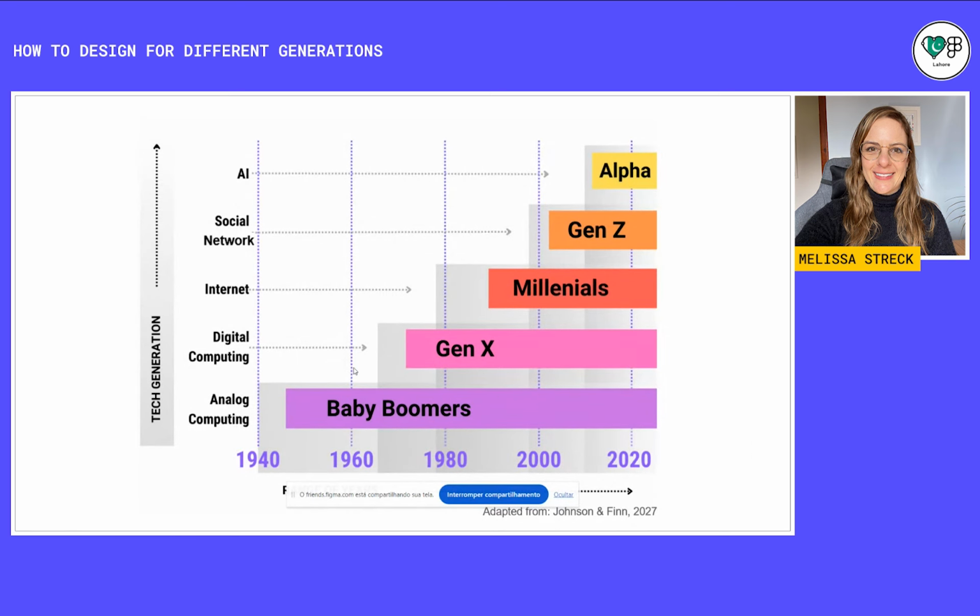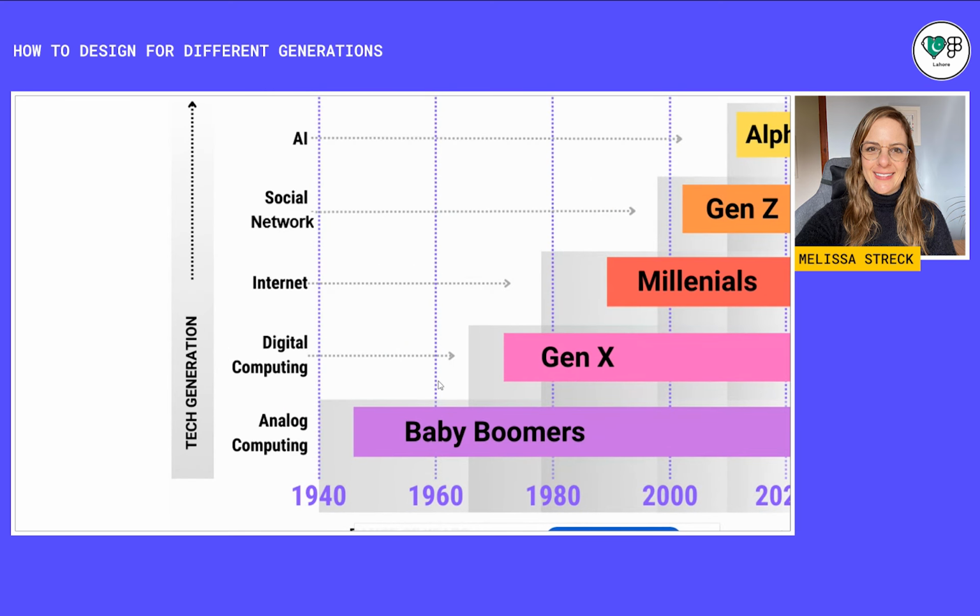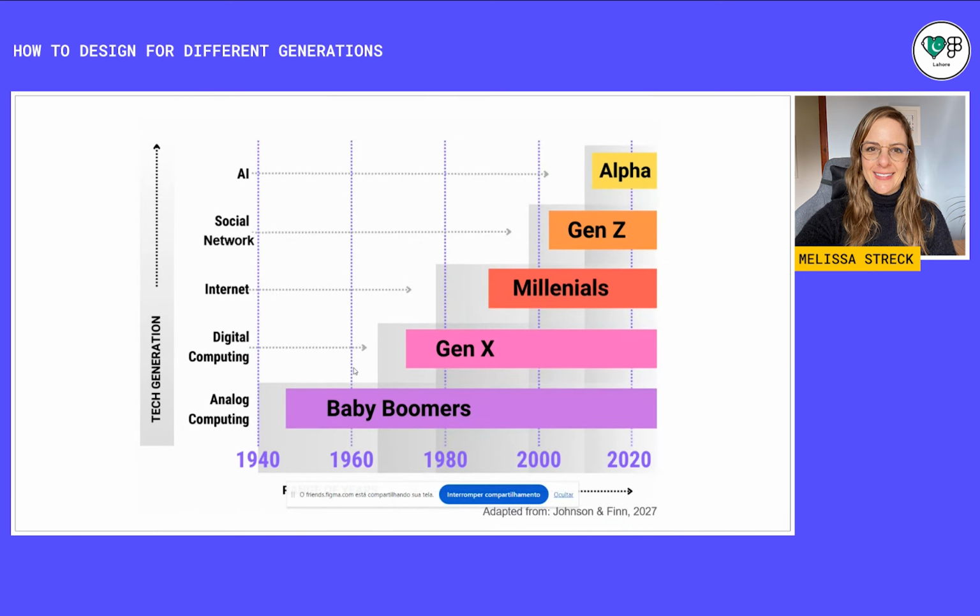Well, we talked about an overview of the generations, and here I bring this graphic. I like it very much. Unfortunately, I cannot open it, because I'm not allowed to open my camera, but I have a great book here, and I can send the name of the book and the authors. I adapted this graph.